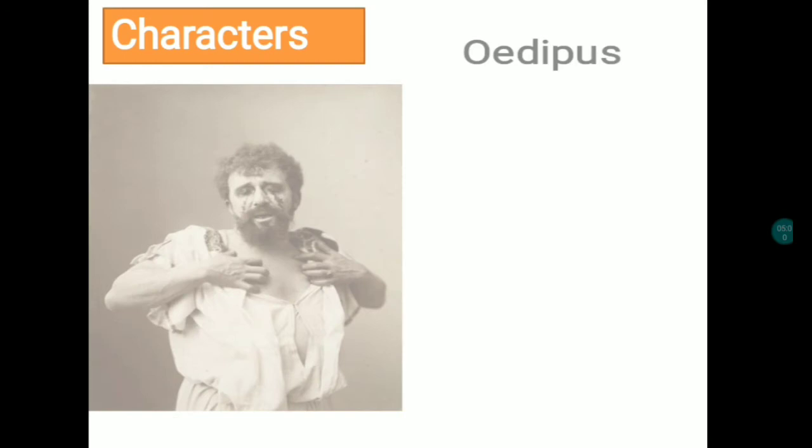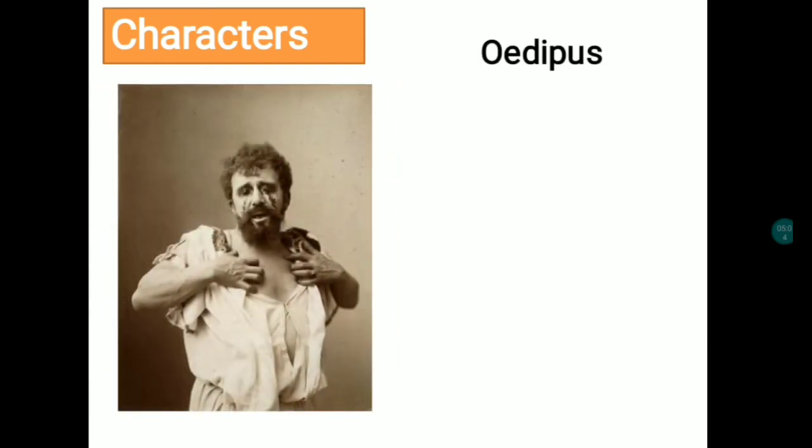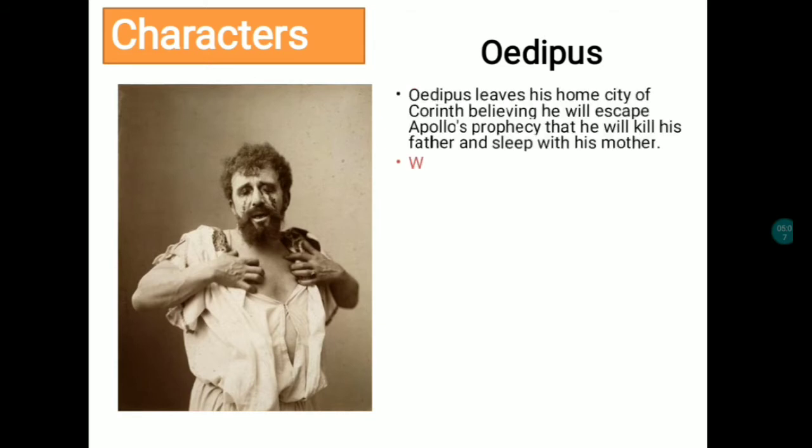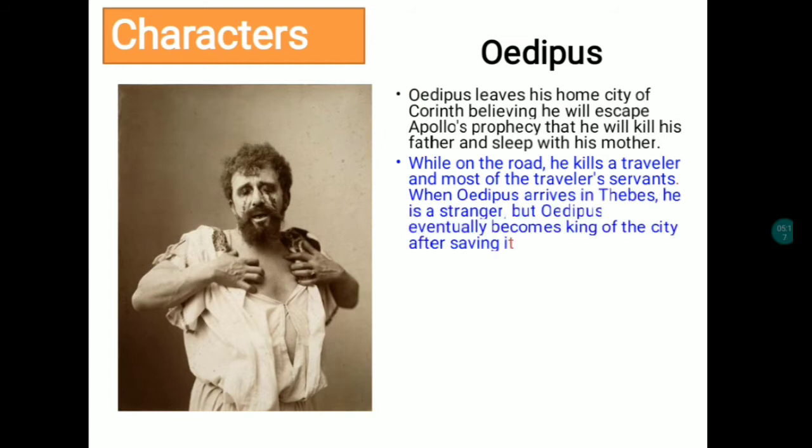Now let's talk about the key characters of the play. First of all is Oedipus. Oedipus is the central character of the play, around whom the whole incident goes on.